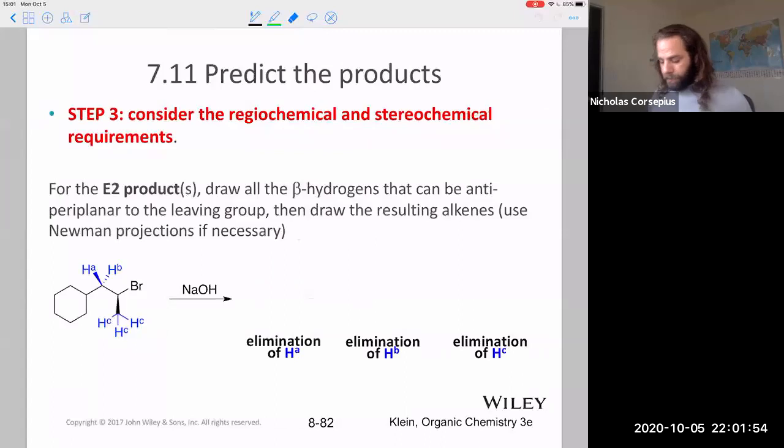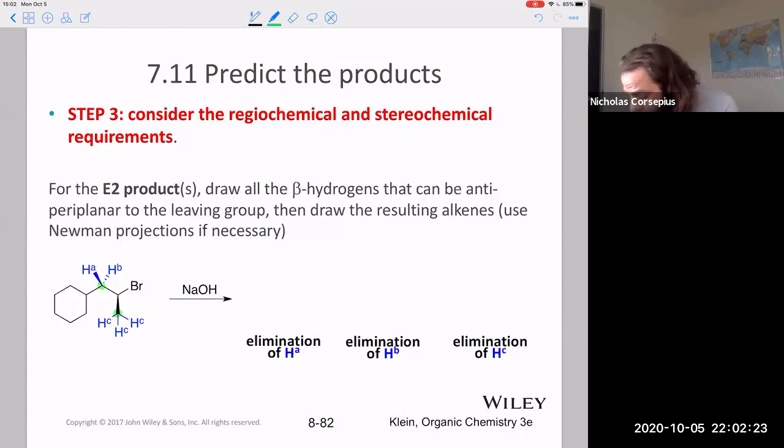Now for E2, and of course, E2 is kind of the pain in the butt one. E2 is way more difficult when there's only one beta hydrogen. When there's more than one beta hydrogen, it's not so bad. But let's go through and look at each of these different products here. First, when you're figuring out E2, spot your beta hydrogens, and make sure your beta carbons actually have hydrogens on them.